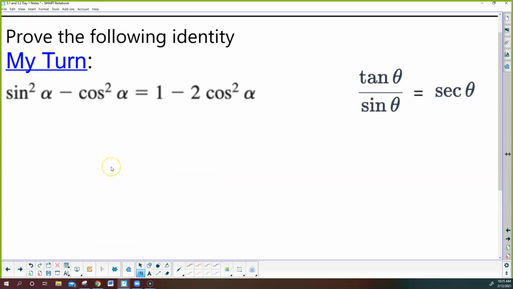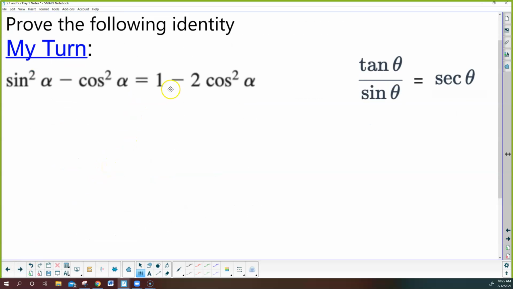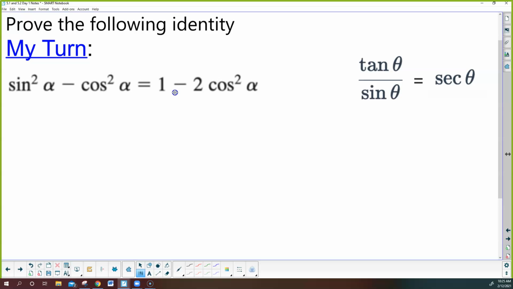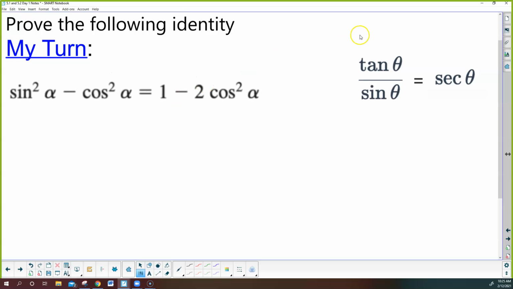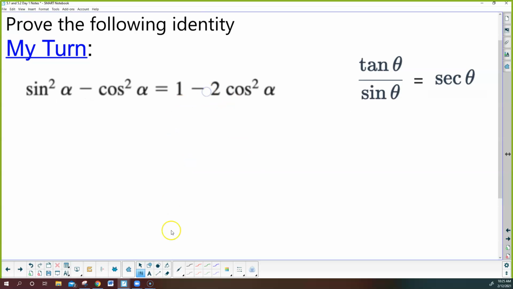All right. Let me show you this one. This one's a little bit tricky as well. And you might notice, ooh, I've got a sine squared and a cosine squared, but it's not plus. And that's one of the big things here that's just a little bit tricky. So I notice on the right side I've got a cosine squared, and I kind of want to keep this cosine squared here as much as possible.